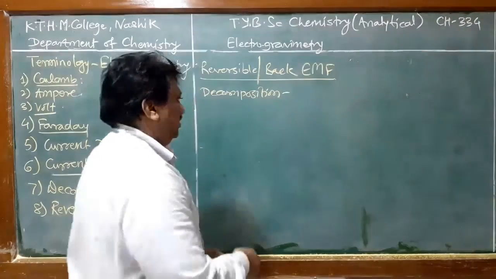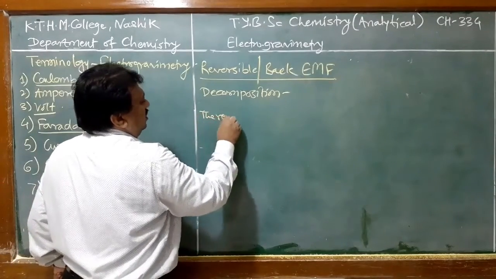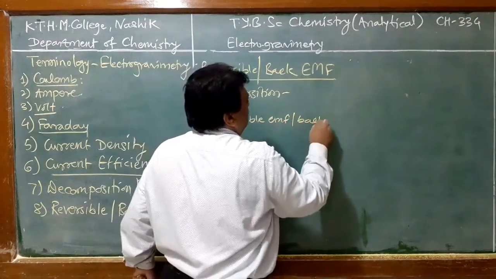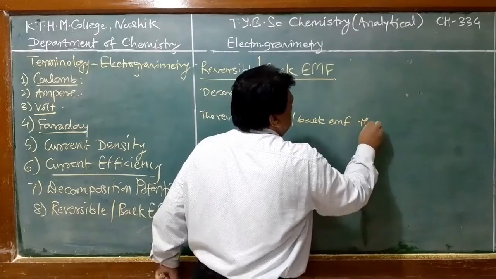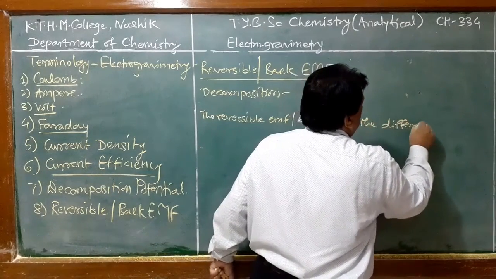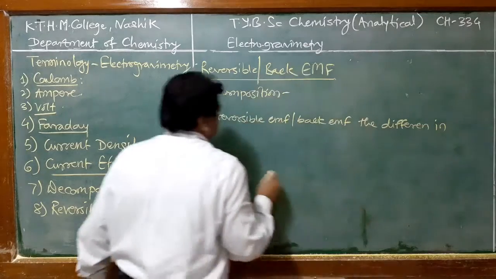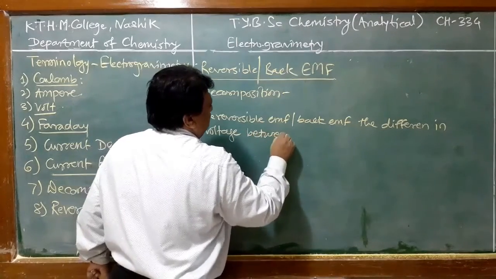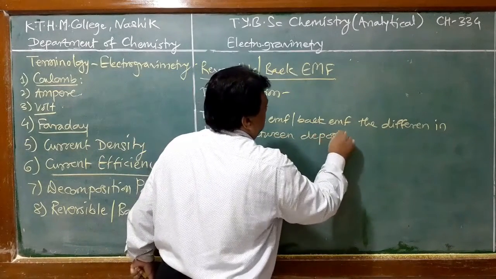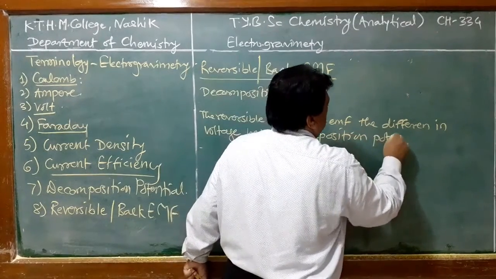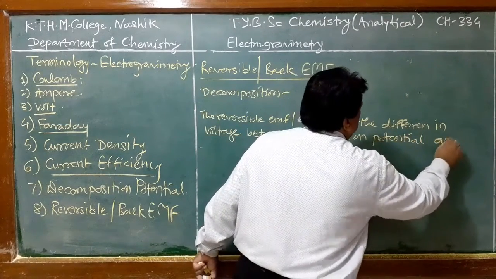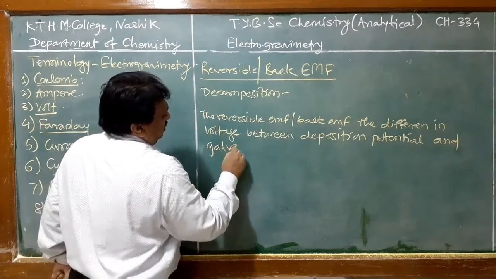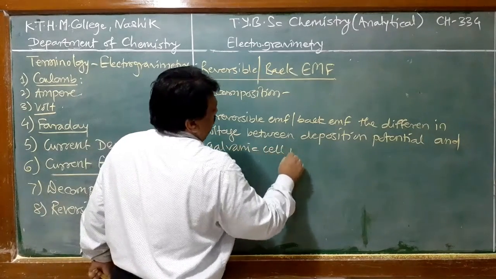The reversible EMF or back EMF is the difference in voltage between the decomposition potential and the galvanic cell potential.